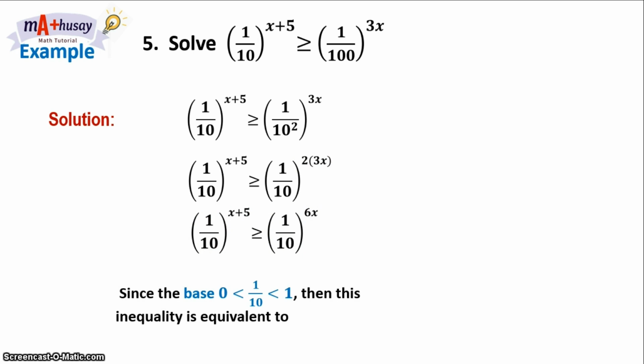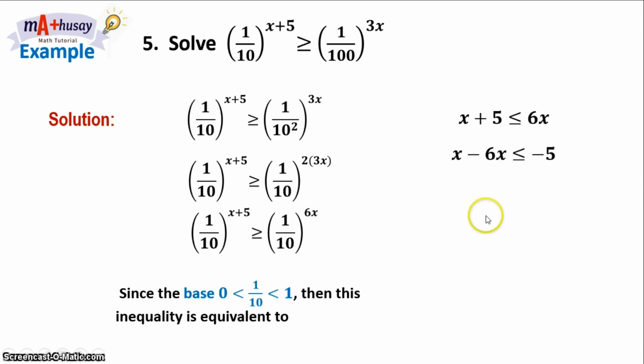Since the base is 1 over 10 and that is greater than 0 but less than 1, ibig sabihin, nasa gitna siya ng 1 and 0. So, then the inequality is equivalent to x plus 5 less than or equal to 6x. Kasi nga, di ba, magbabago yung direksyon ng ating inequality symbol kapag yung b natin or yung base natin is between 0 and 1.